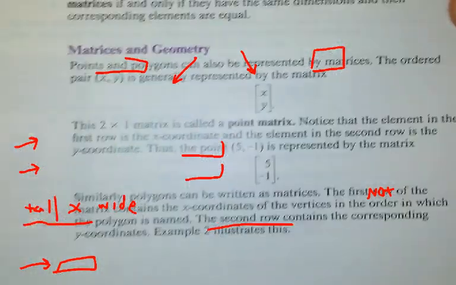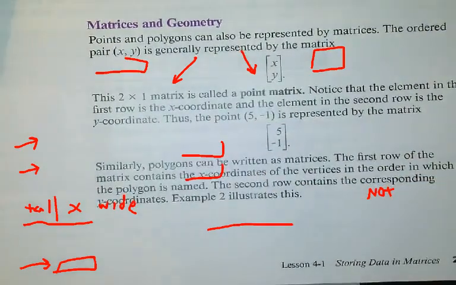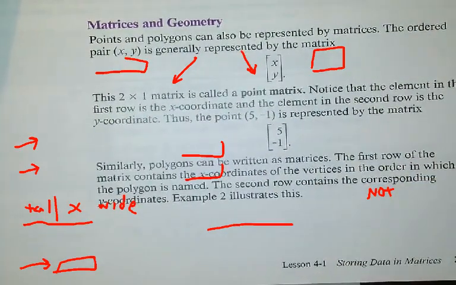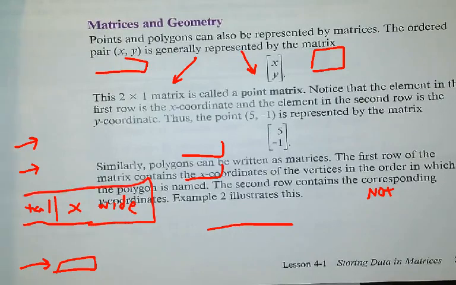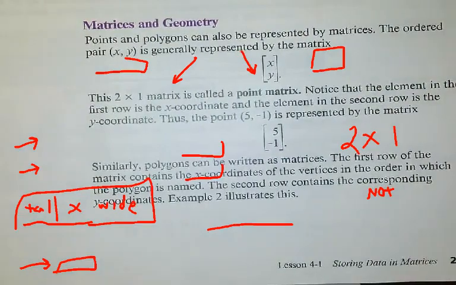So real quick, what's the dimension of that matrix? Well, it's how tall it is by how wide it is. Well, that's 2 by 1, right? That's a 2 by 1 matrix because it's 2 tall and 1 wide. All right? Hoorah! Well, we learned something about matrices.